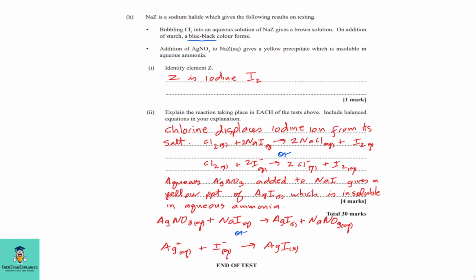But silver, when combined with iodine, forms silver iodide, which will not dissolve in aqueous ammonia. Hence, you form that yellow precipitate. So you can see that in the molecular equation, and you can also see the ionic equation, where the spectator ions were removed. This is the end of Module 3, Unit 1, 2023.